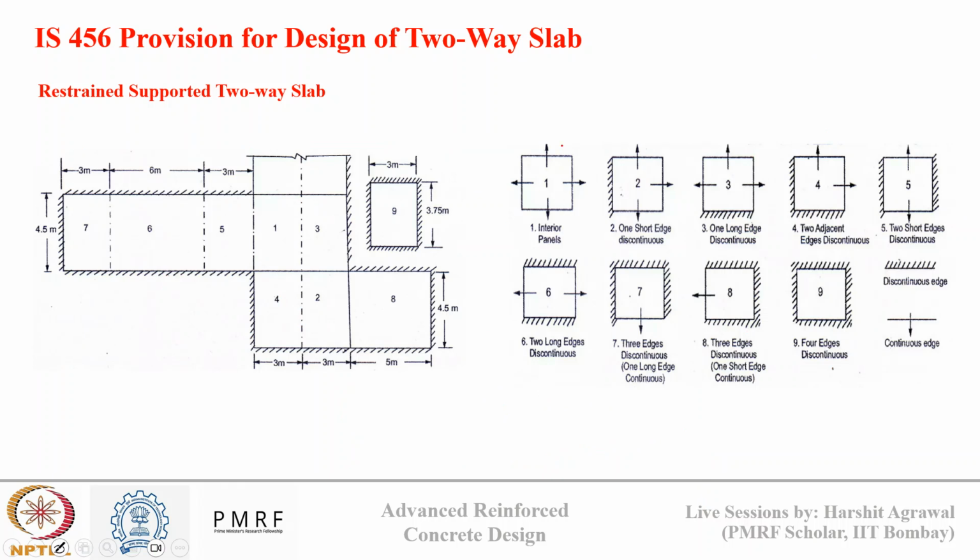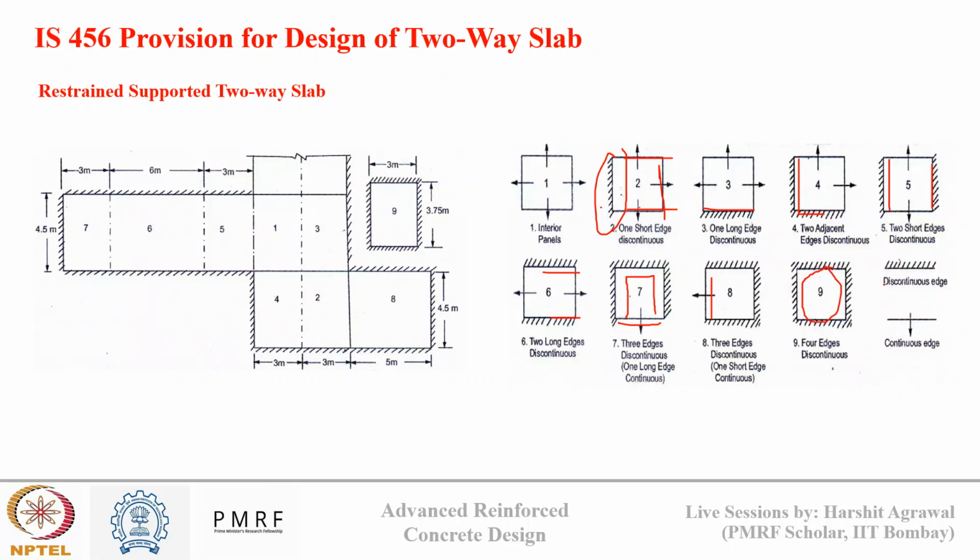There is interior panel, which is continuous on all the sides. There is one short edge discontinuous panel. So this edge is discontinuous, other three are continuous. One long edge discontinuous slab can be there, two adjacent edge discontinuous slab can be there. There can be two short edge discontinuous, two long edge discontinuous, three edge discontinuous with one longer edge continuous, one shorter edge continuous, and four edges discontinuous.